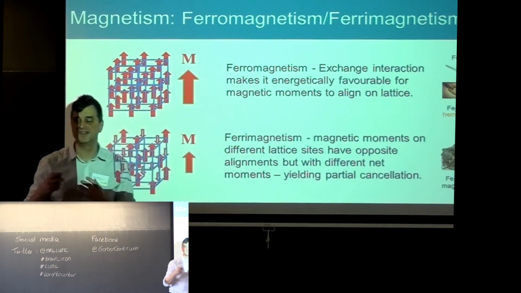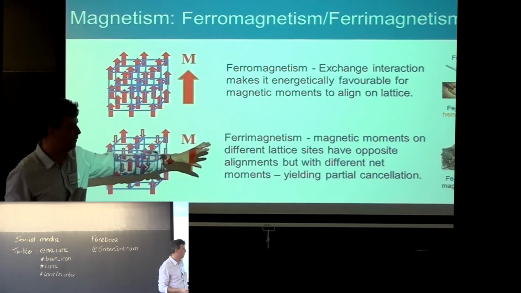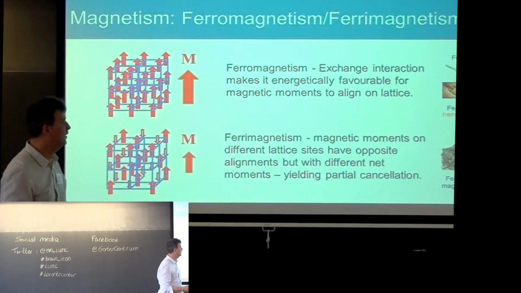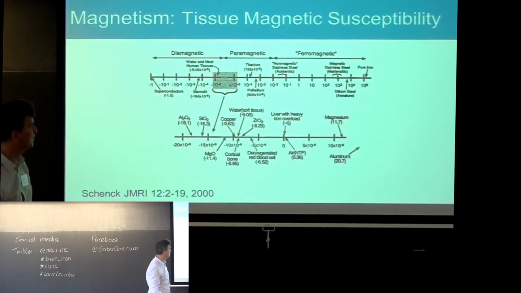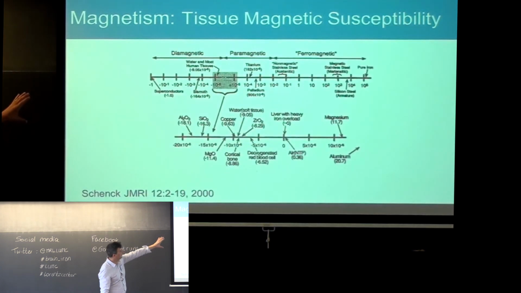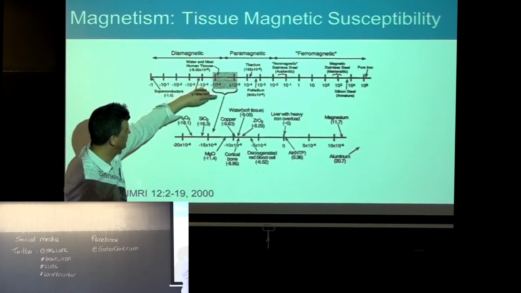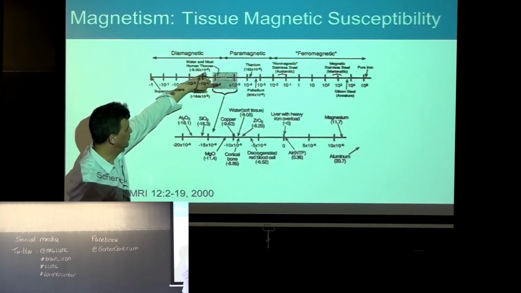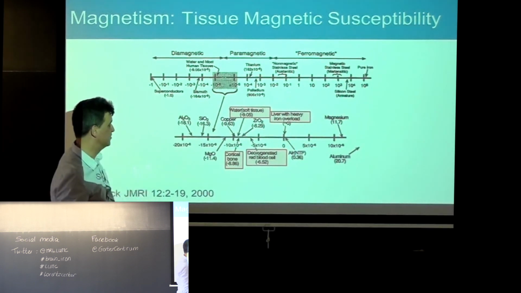ferrimagnetic. So these effects, they're not so important as far as we know so far for MRI, but there's an interesting issue with things like magnetite. Are they making some contribution to what's going on? And they have been used as contrast agents in the past. So in general, on the spectrum of magnetic susceptibility, you have a huge range, but biological samples are sort of in this mid-range, around about 0 essentially.